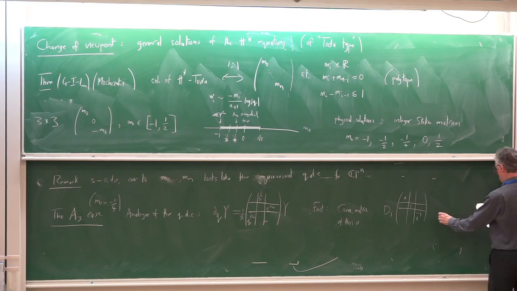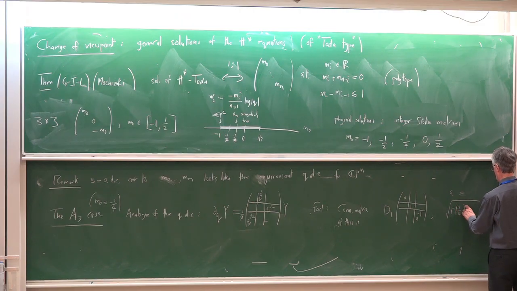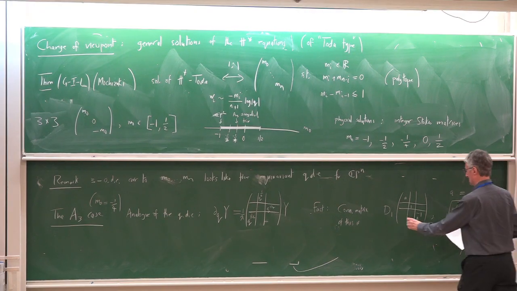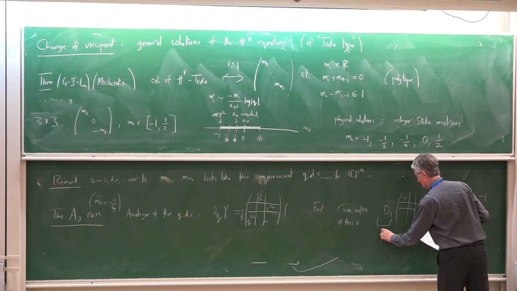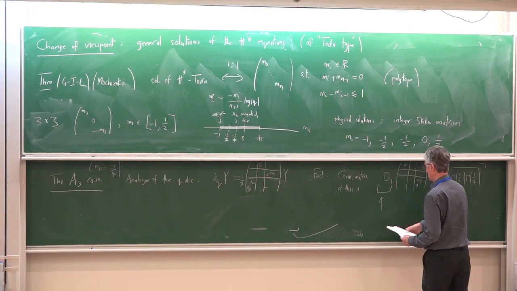But the A, which is given by the TT star equations, is the square root of gamma 3/4 gamma quarter to the minus 1. And the D in this case is a diagonal matrix.